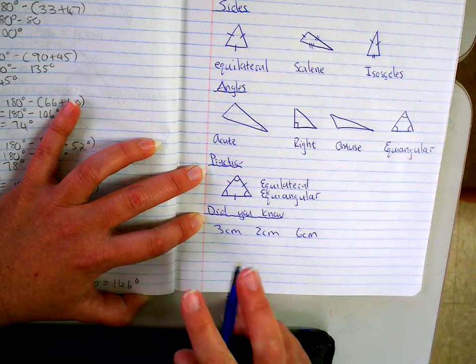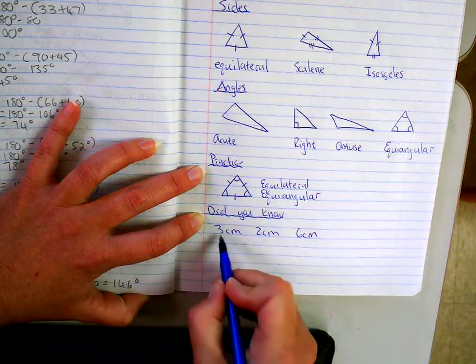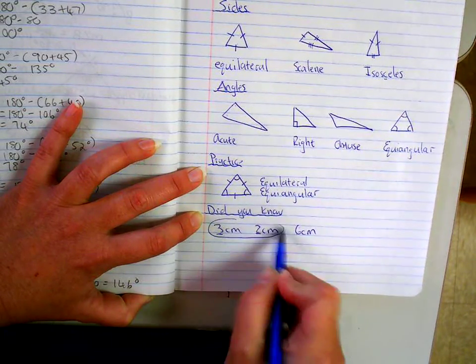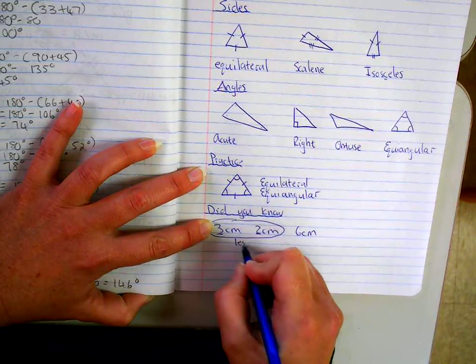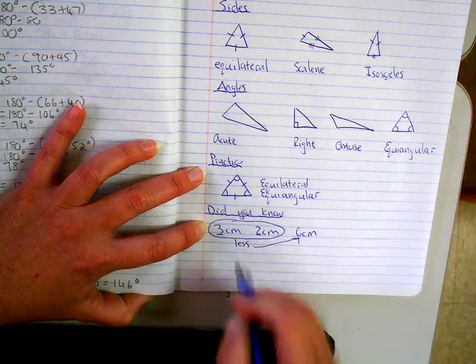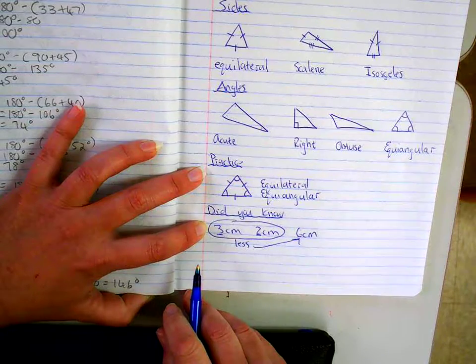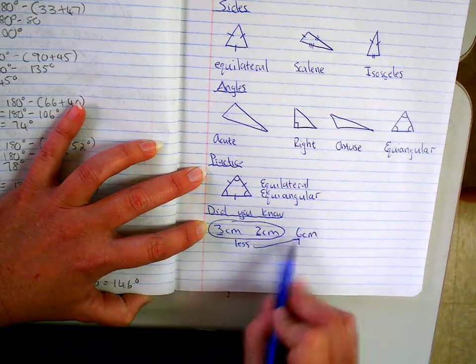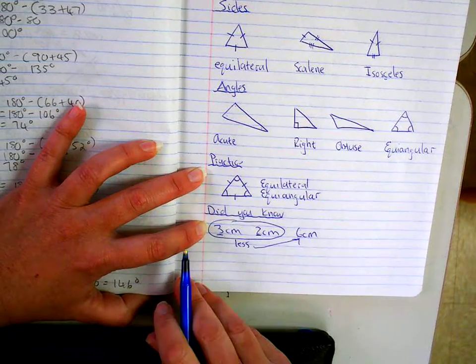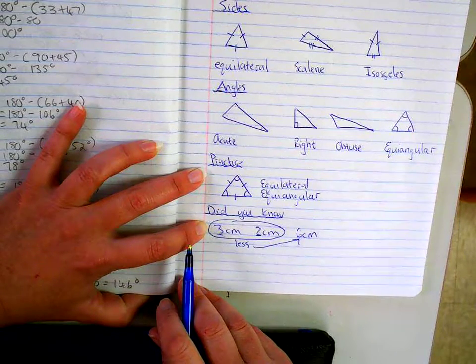You take the two shorter ones, so it'll be this one and this one, and if you add them, they should be less than the third side. So let's see. What is 3 plus 2? It is 5. Is 5 less than 6? It is. So when I look at these three measurements, it could make a triangle.